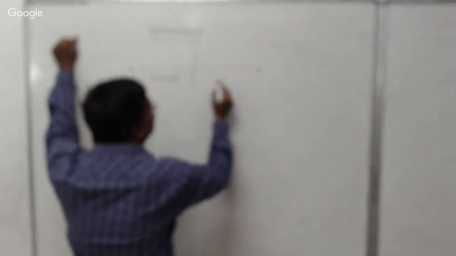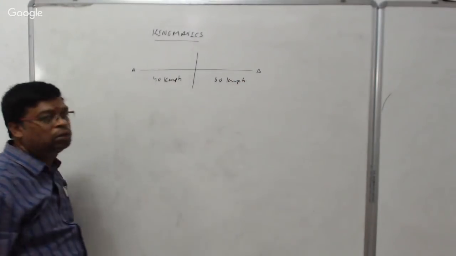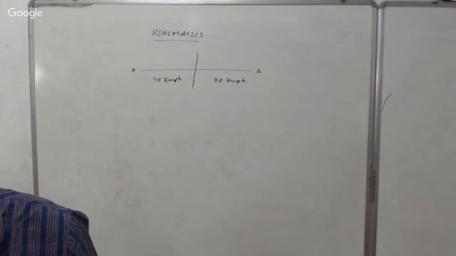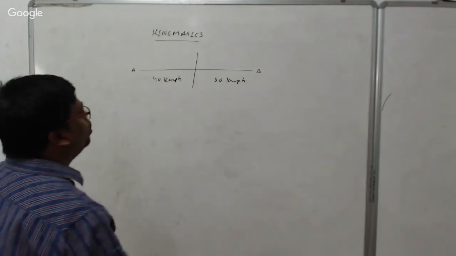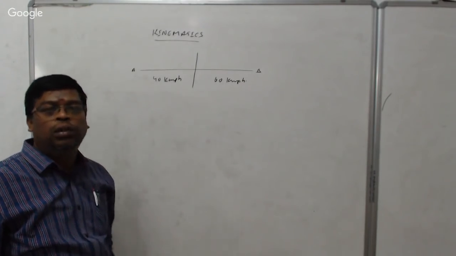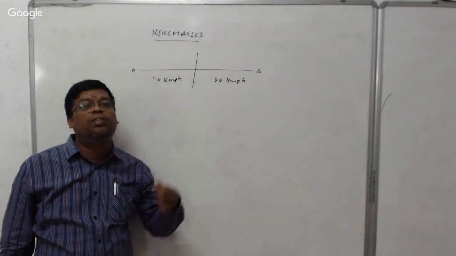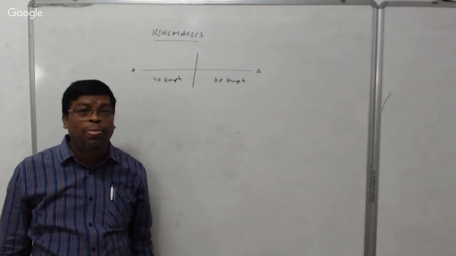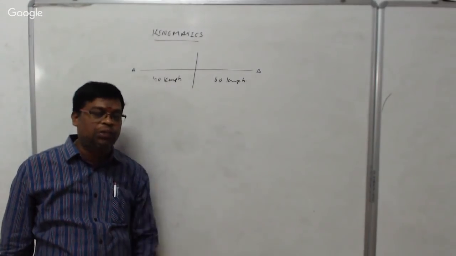The remaining is 60 kilometer per hour. This is what is given in the problem, isn't it? So I think by seeing this problem, you can clearly get an idea how to solve this problem. Only speeds are given, distance is not given. But we have done a practice problem based on the same concept, isn't it?